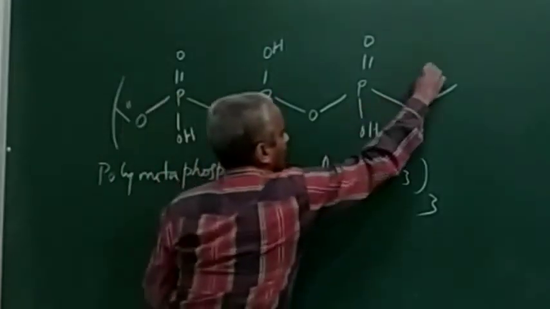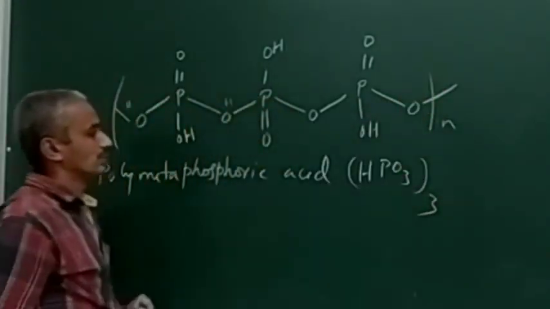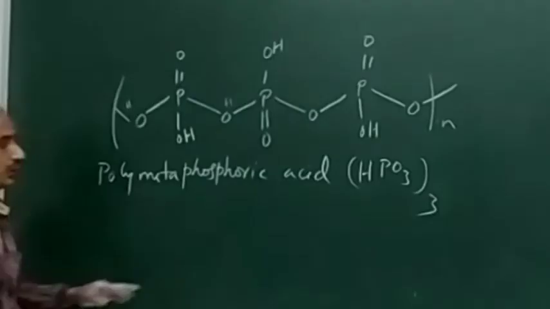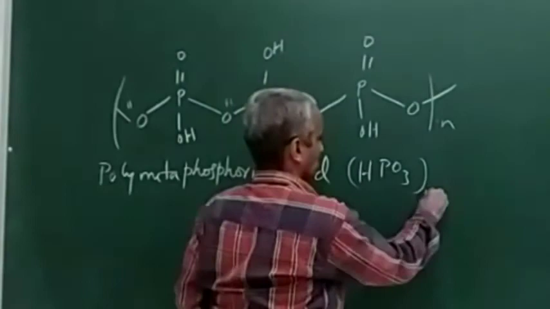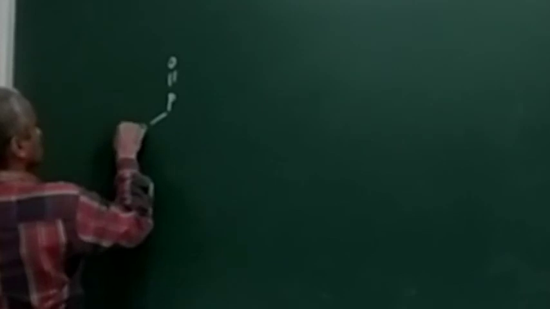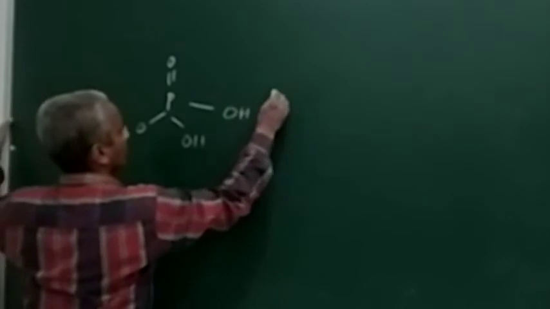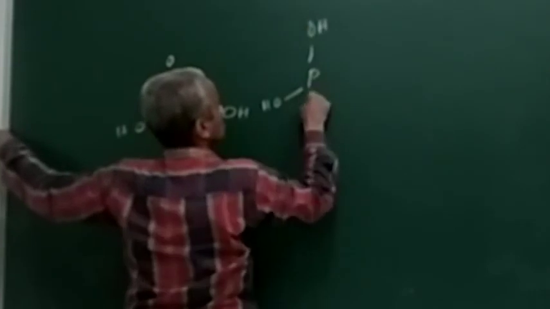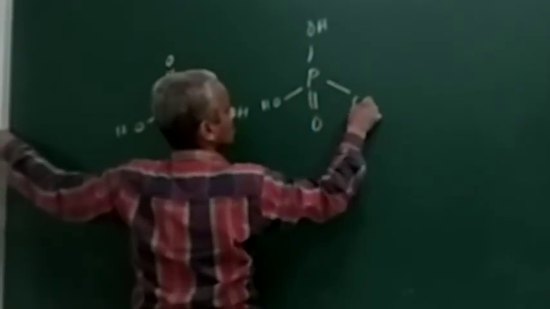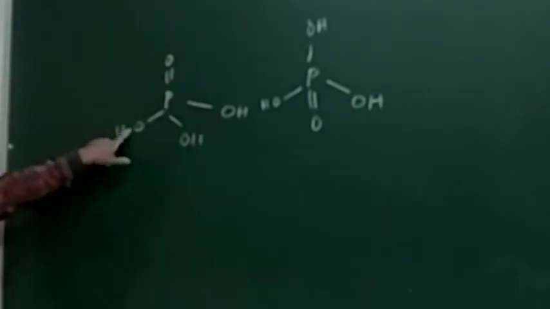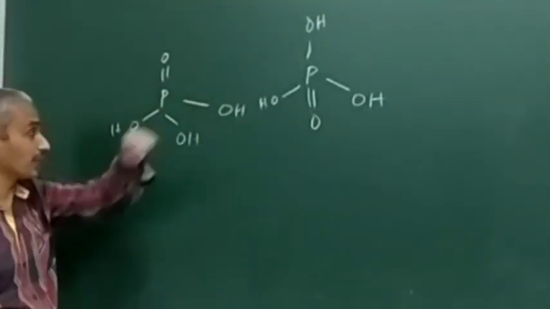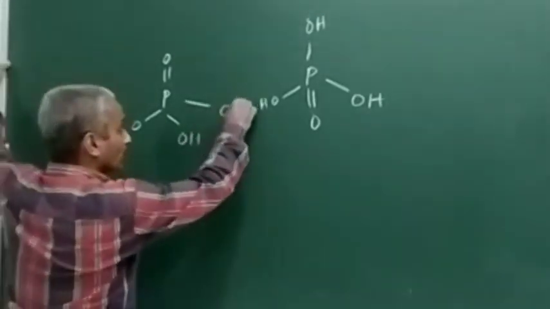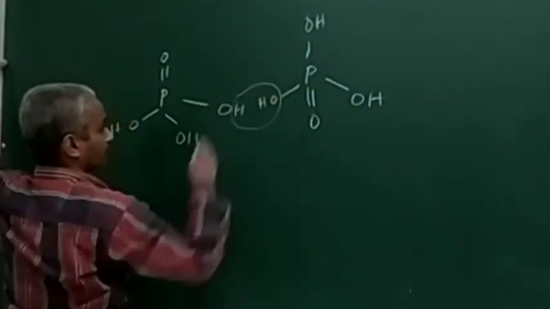This side also continues, this also continues. It should be n times. So this also orthophosphoric acid, this also orthophosphoric acid. So just here, a water molecule is removed, H2O.